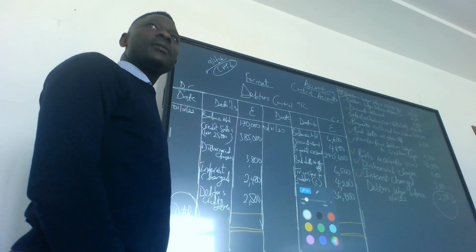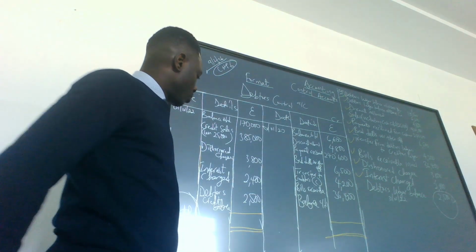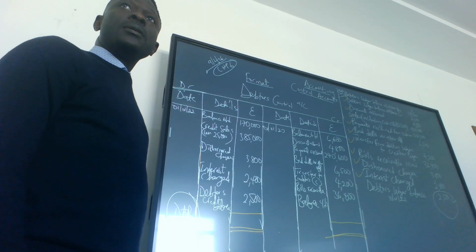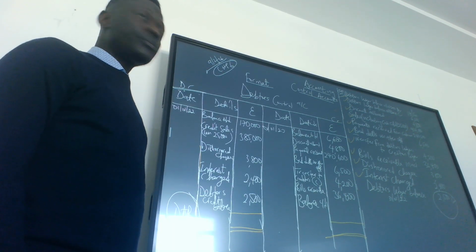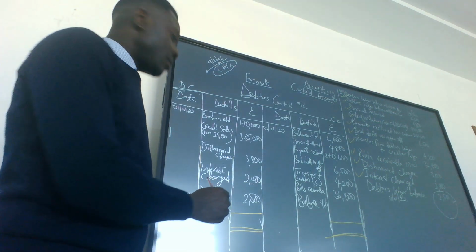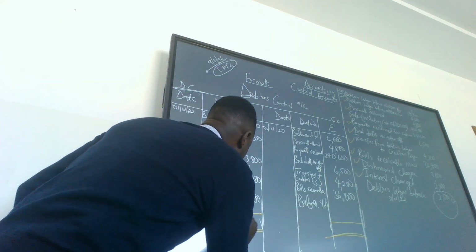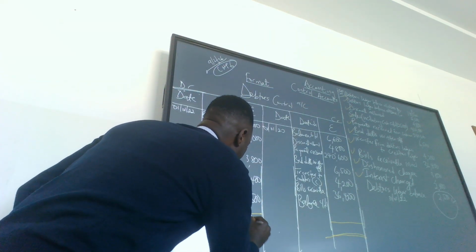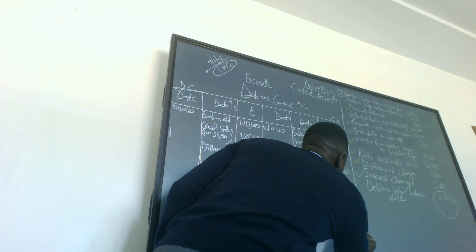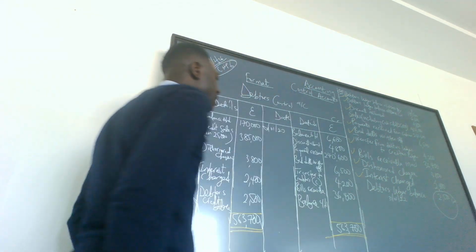So the total is 563,700. Now, add this together and take it away. That's our balance carried down.